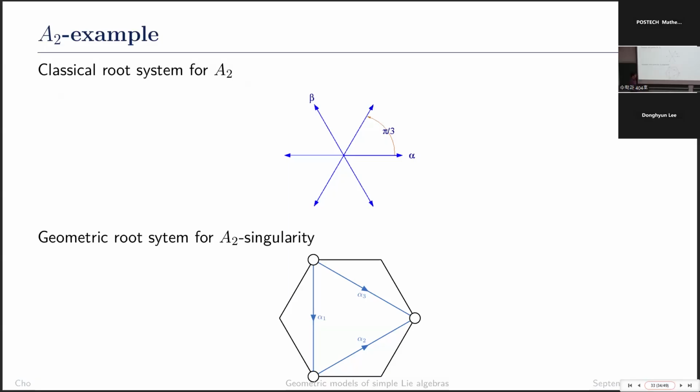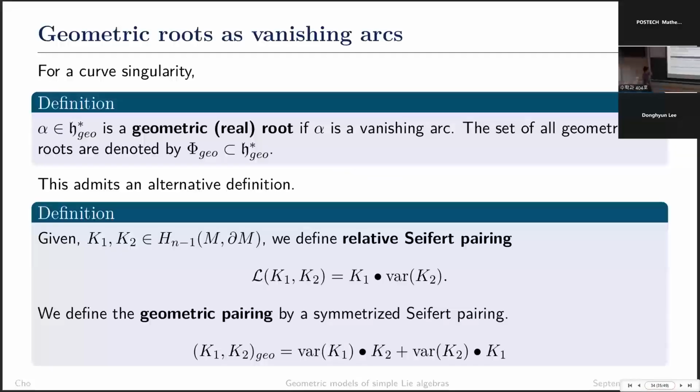So you can immediately realize that we need a different metric or geometric pairing, because in 8-dimensional Euclidean space you have a nice pairing, but when you project to a 2-dimensional subspace, your pairing is not good. So the pairing we are going to use is the cycle form of the singularity.